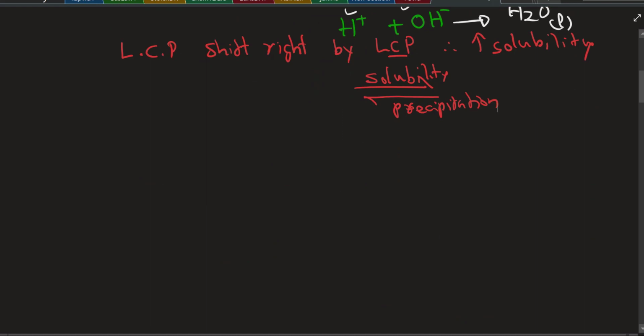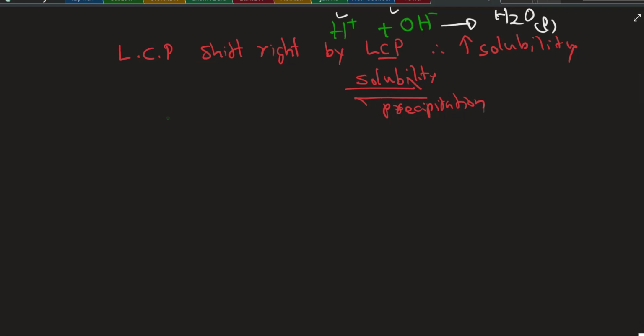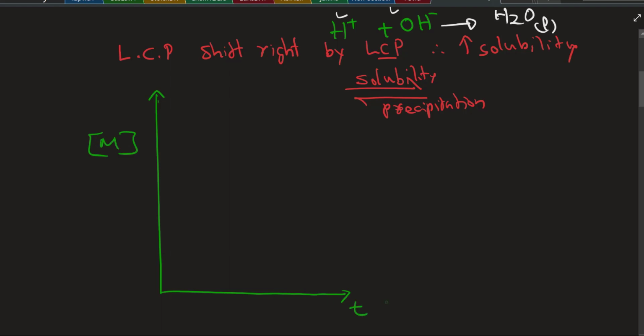Explain graphically what Le Chatelier's principle is, what the common ions are, and the changes coming to the equilibrium. So you need to show concentration against time on the x-axis. What you have is a system at equilibrium, at saturation.